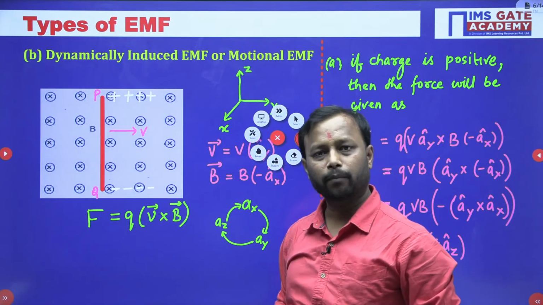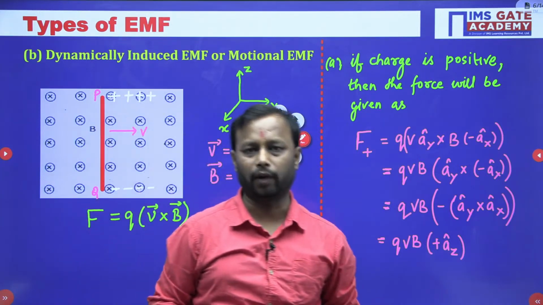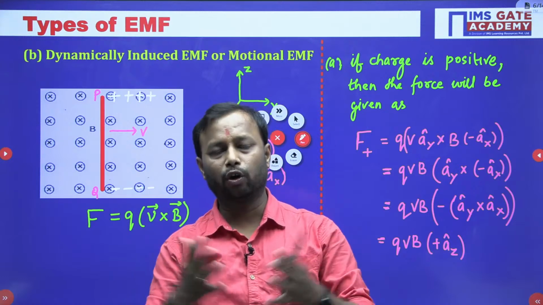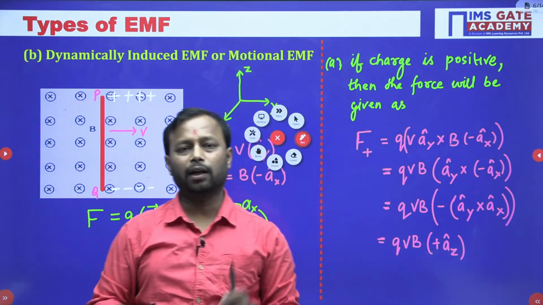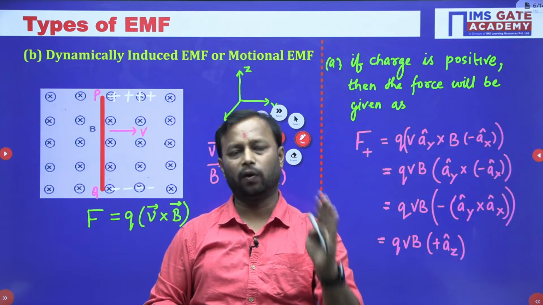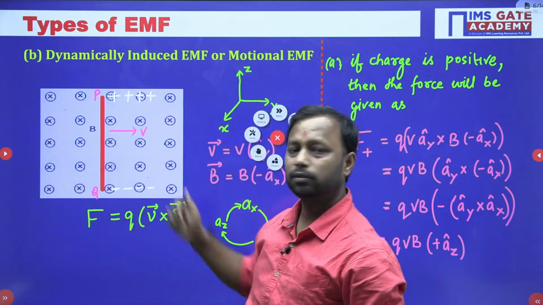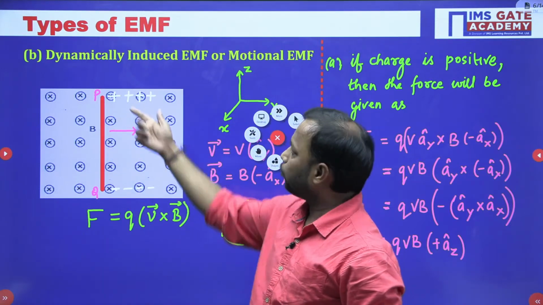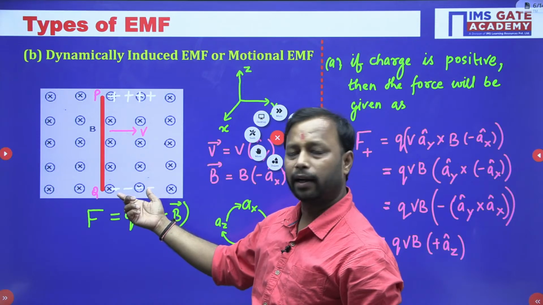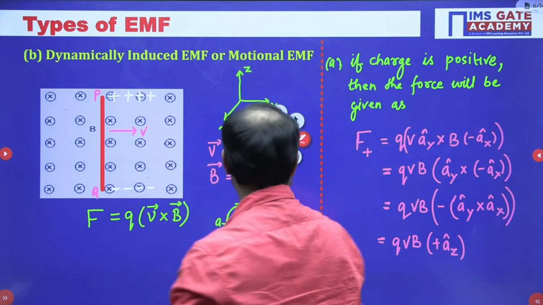Am I clear? Now if you know the concept of electric field, for an electric field to be generated, you must have positive charge on one side and negative charge on the other side. Here you have positive charge and here you have negative charge. So therefore it is going to create an electric field.